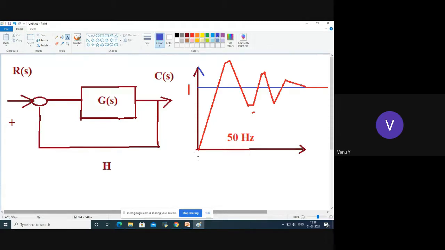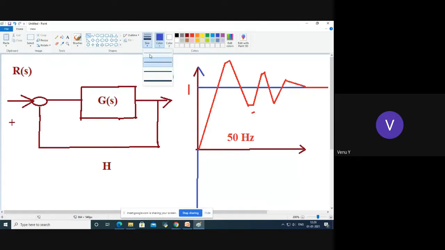So therefore, if you get the response, and yeah, some step change is there.